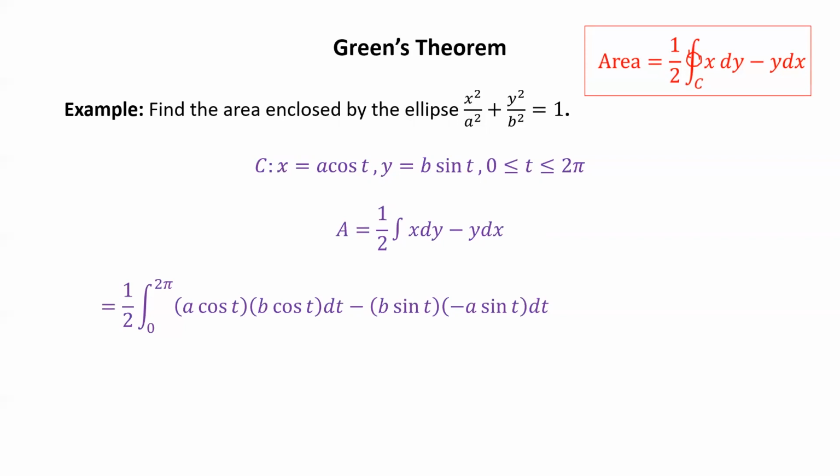And we replace dx by negative a sine t dt. And the integral is going from 0 to 2 pi. So we get ab cosine squared t plus ab sine squared t, which is just ab. And since ab is just a constant, we could pull it out. We get ab over 2 times 2 pi, or equivalently pi ab. This is the standard formula for the area of an ellipse.